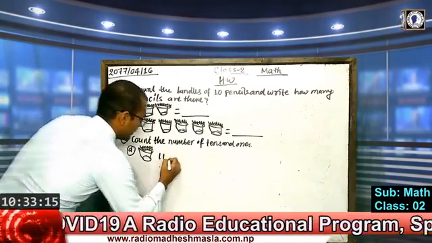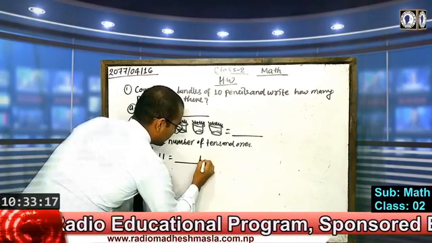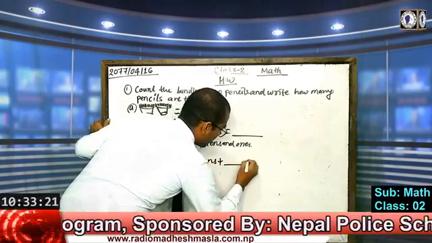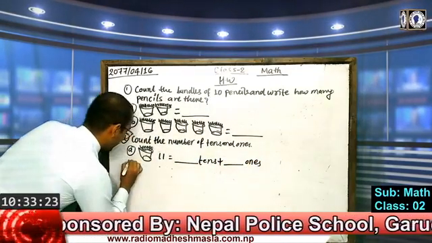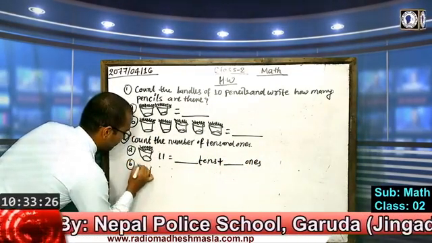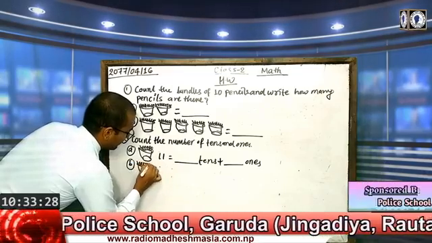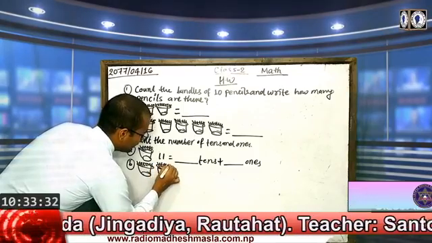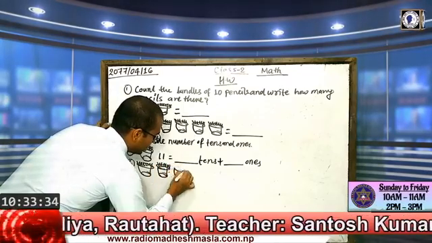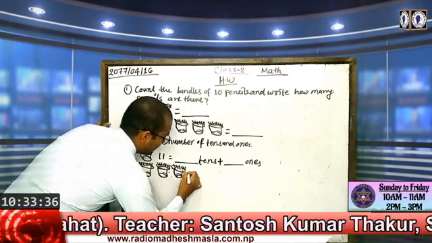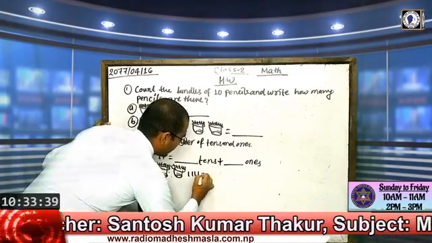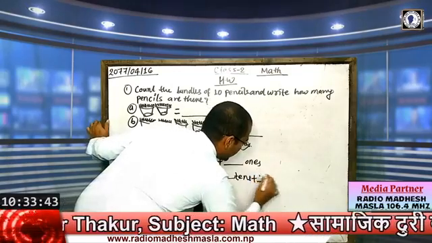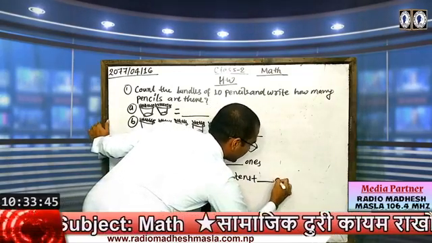Question number B, tens plus ones, 1 tens, 2 tens, 3 tens, and 1 2 3 4. It means you have to write here how many tens and how many ones.